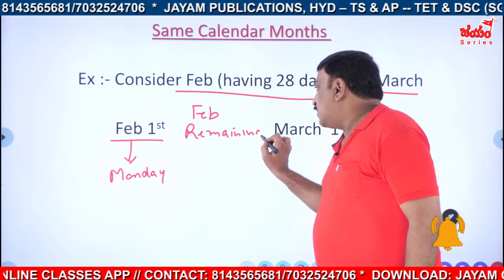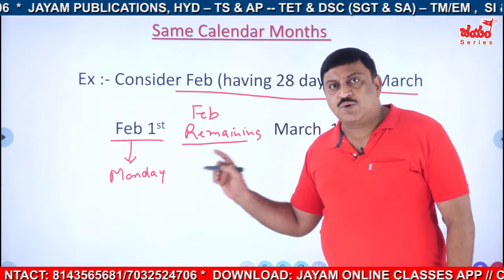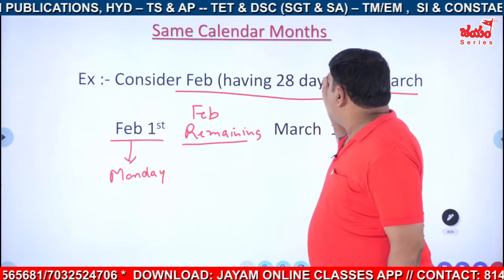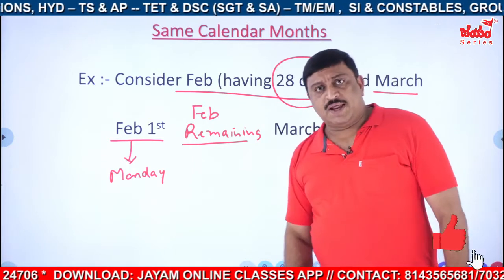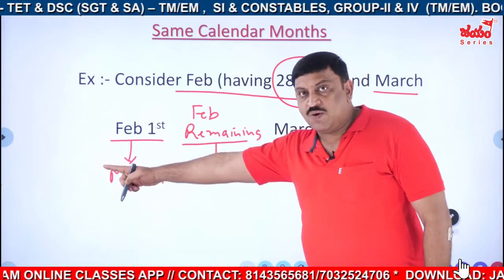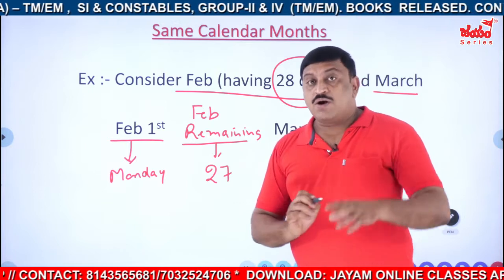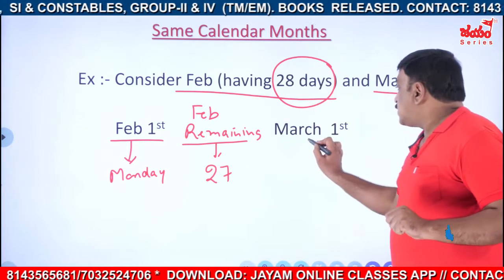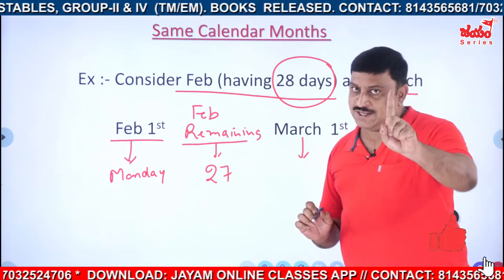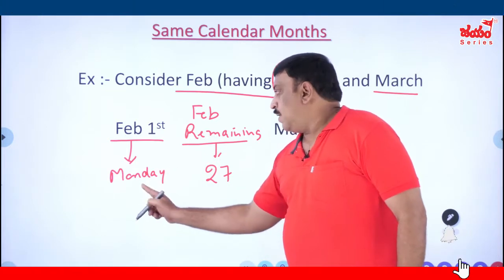February remaining are 27 days, because I am taking a 28-day month and February 1st, 1 day is over. Then, according to our calculation, we also consider March 1st. That is 1 day.